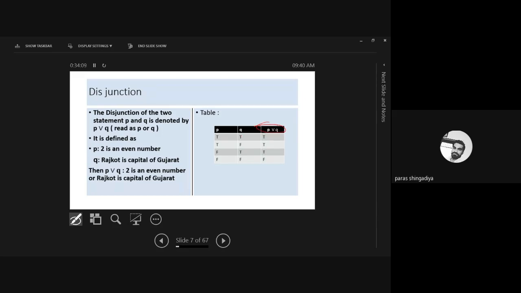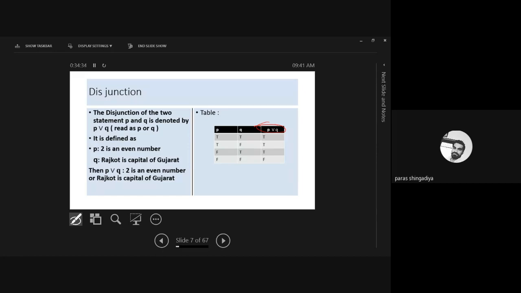And what are the OR gate properties? Clear? If any one is T, then the outcome will be T. If any one switch is on in this OR gate circuit, then current will pass through the circuit. If both the switches are off in this OR gate circuit, then current will not pass. Clear?